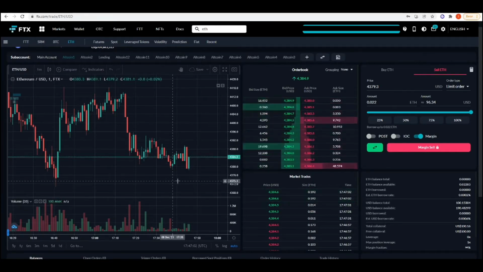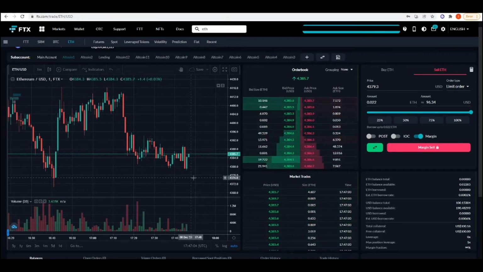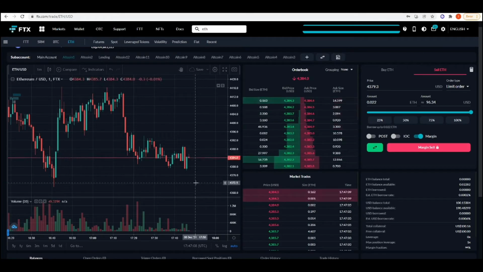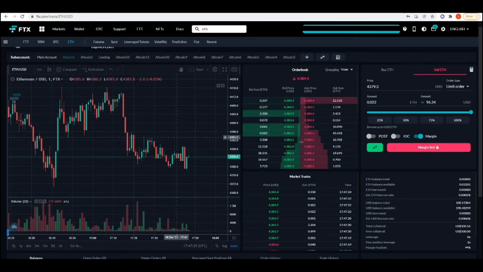If I put my limit order below the current price of Ethereum, then it would get filled instantly. So say I put my limit order at 4,370, because the price of Ethereum is already at that price or above, it would instantly get filled. So if you are going to put in a limit order, you have to make sure it's above the current market price. Otherwise, you might as well have just put in a market order.